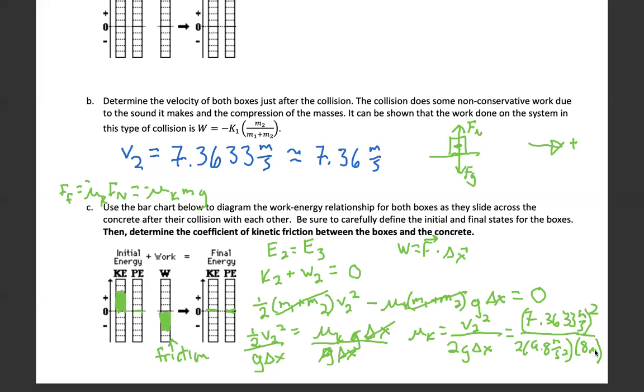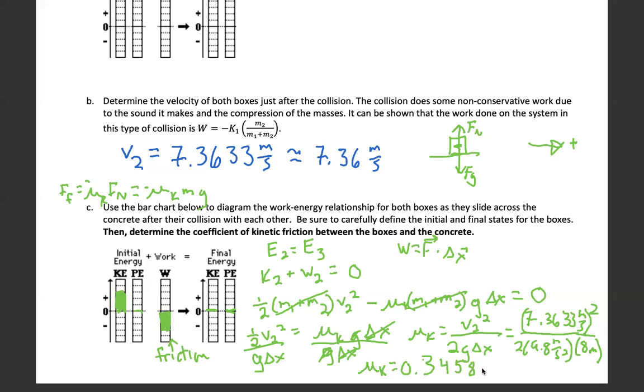And then we make that calculation, and that's going to be 7.3633 squared divided by 2 times 9.8 times 8. And that gives us mu k equals 0.3458.